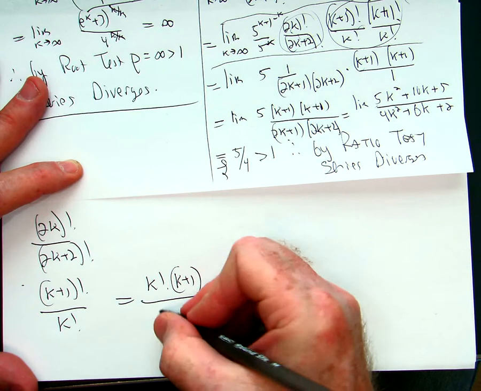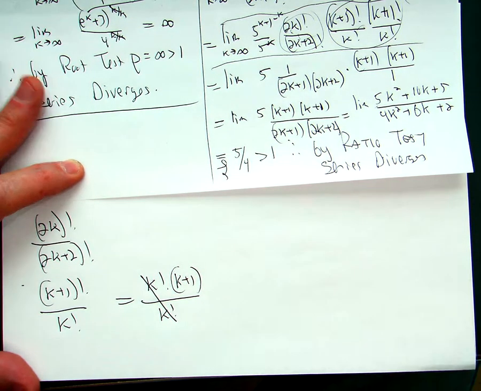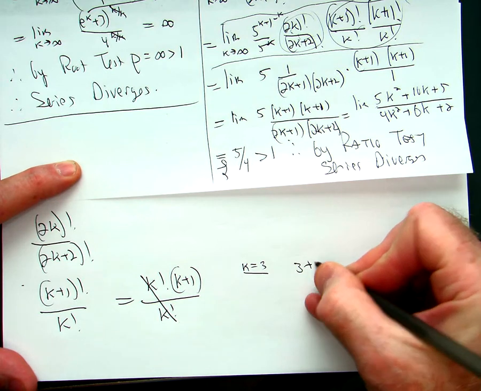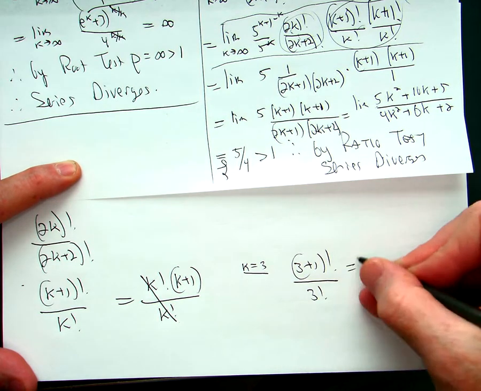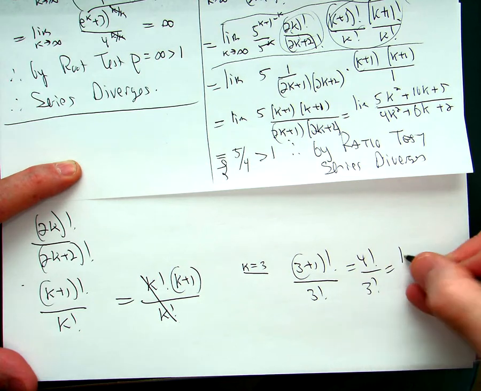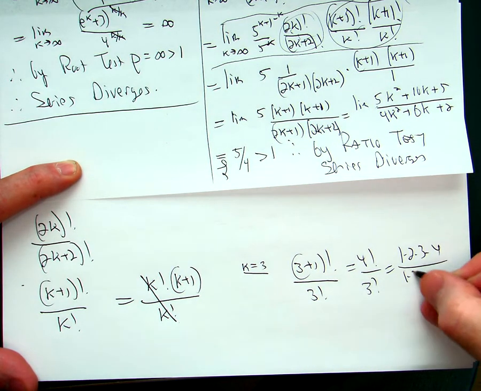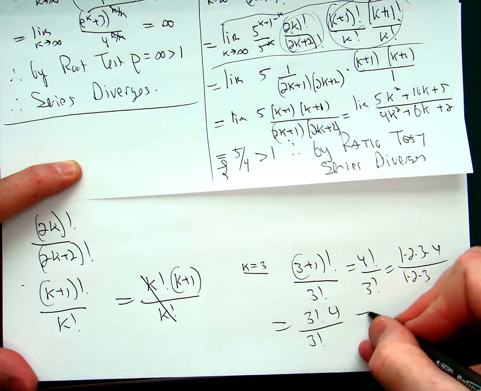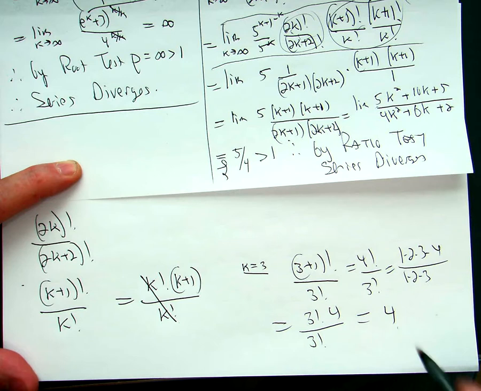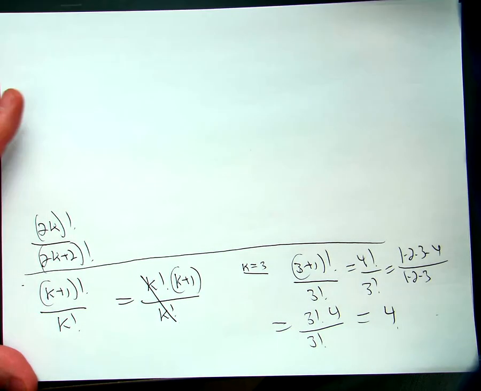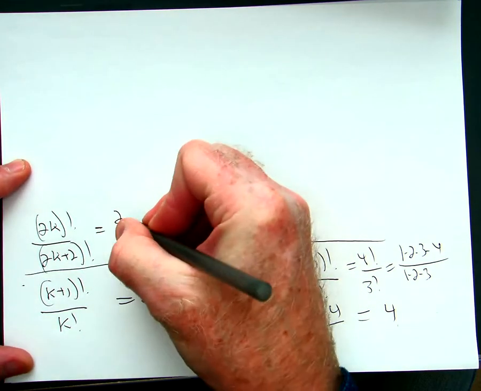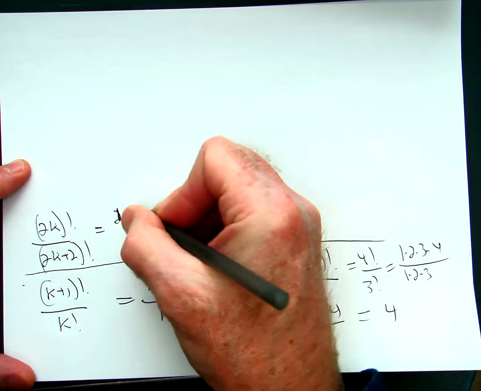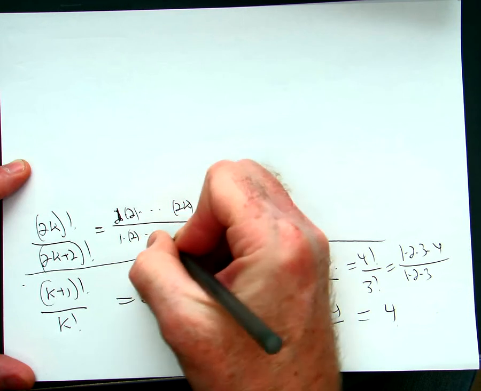So over k factorial, that cancels. And a good way to see this, if you forget, let k equal something like 3, and we'll get 3 plus 1 factorial over 3 factorial, 4 factorial over 3 factorial. If you write that out, that's equal to 3 factorial times 4 over 3 factorial, which is just 4. In other words, k plus 1. Okay. Well, this is similar. This is equal to all the numbers up to 2k. This is equal to all the numbers up to 2k plus 2.